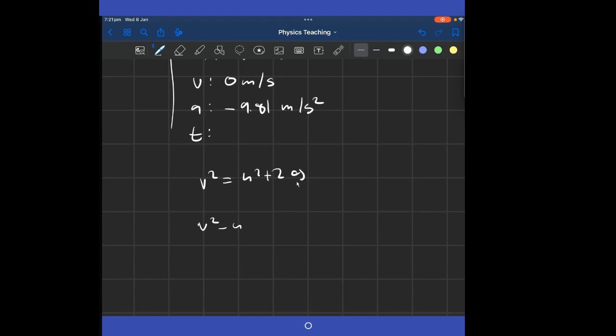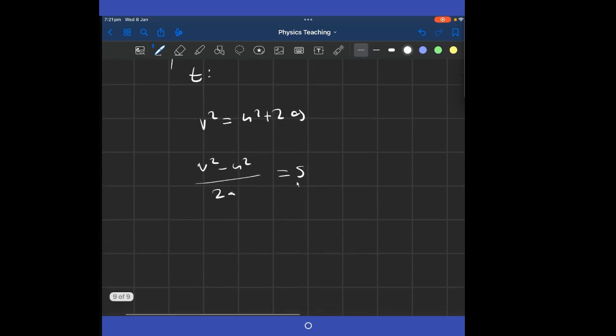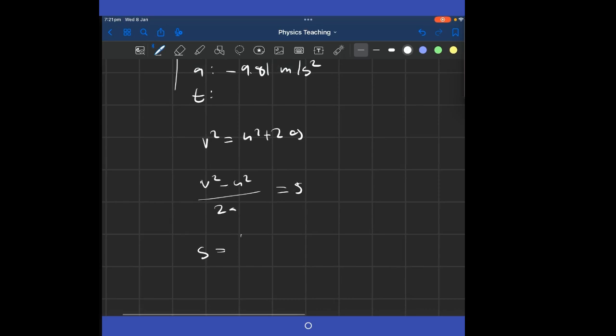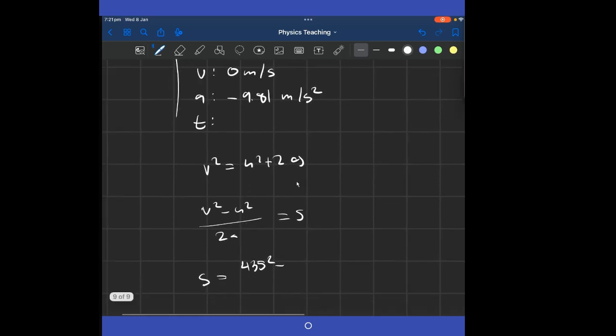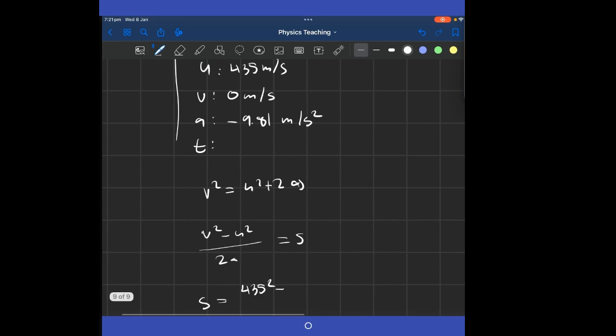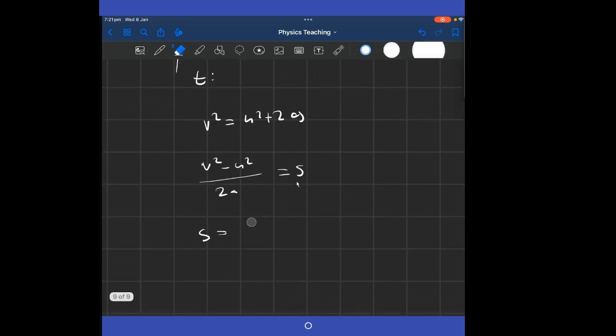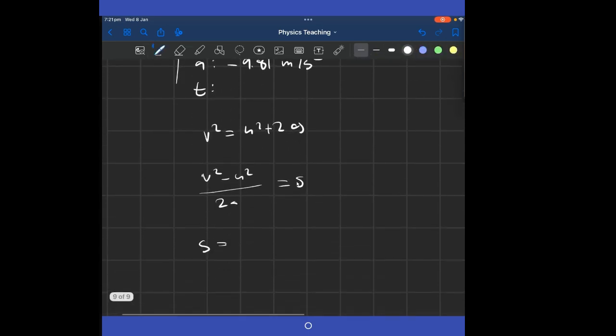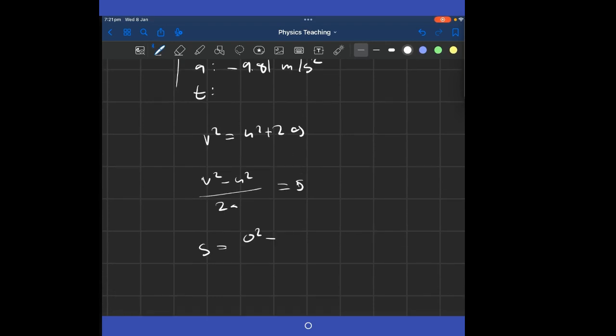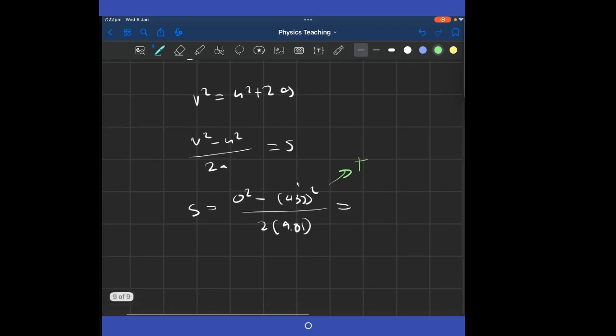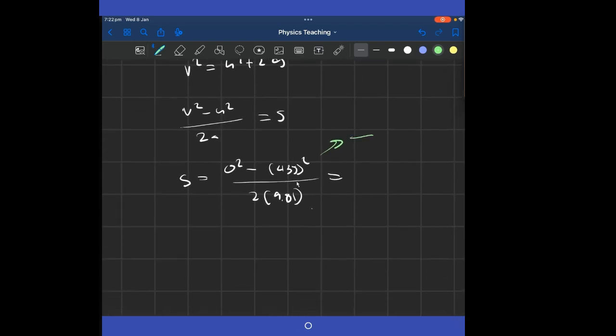V squared minus U squared on 2A is equal to S. S is going to equal 0 squared minus 435 squared, whole thing on 2 times 9.81. As we can see, the numerator is going to be negative, the denominator is going to be positive.